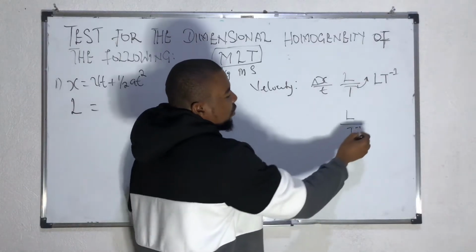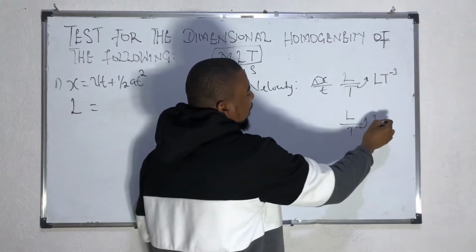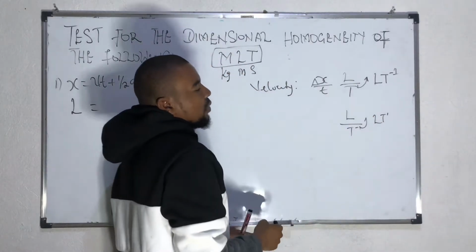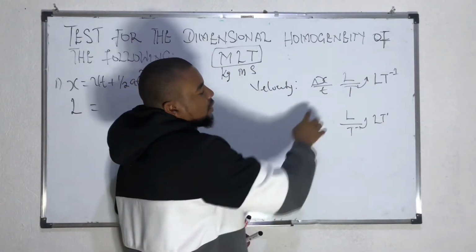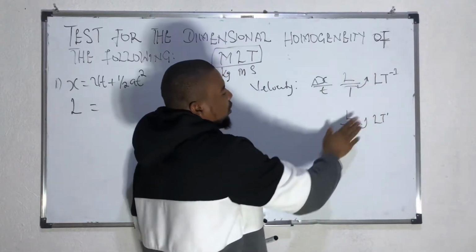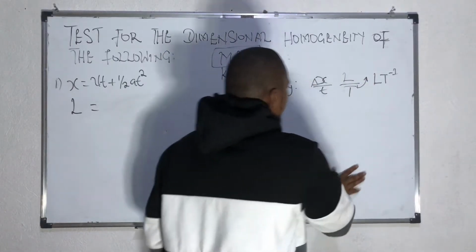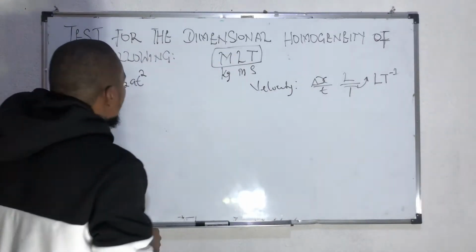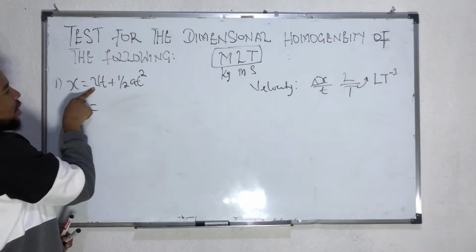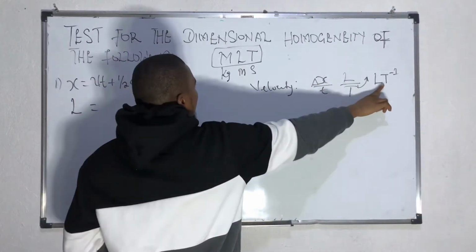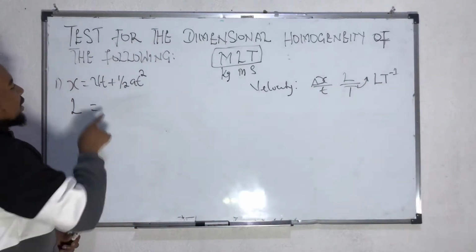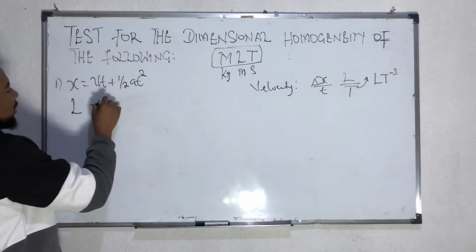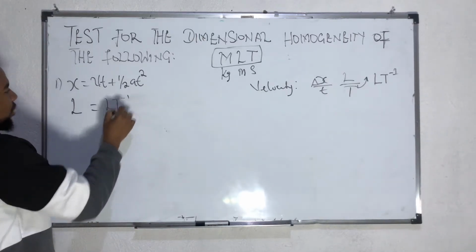If you take it up, it's not going to be L T to the power -1 but L T to the power +1. So the sign changes when you take it up. This is just a simple way of doing this. Now, this is the dimension for velocity. We're going to replace this u here with L T to the power -1 because that is its dimension.